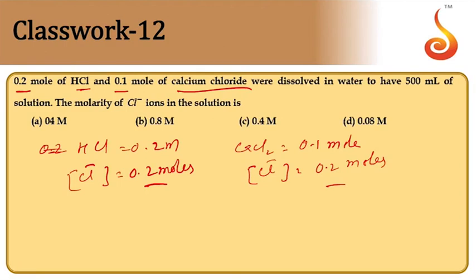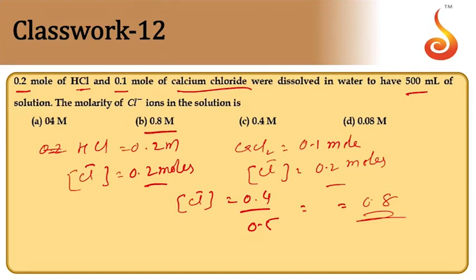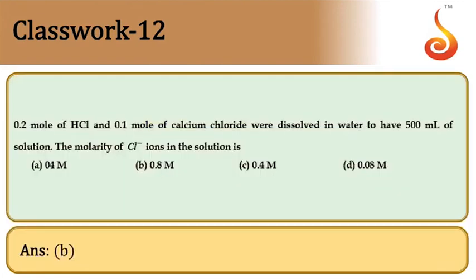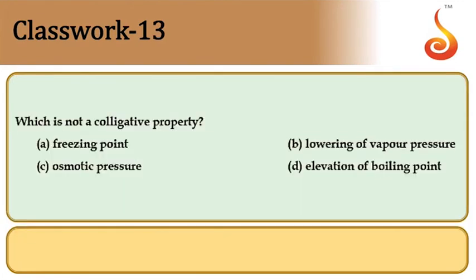Then the volume of solution is 500 ml, that is 0.5 liters. So the concentration we require is 0.4 by 0.5, which is equal to 0.8. So 0.8 molar of Cl minus ions we have, the number of moles of Cl minus divided by the volume of solution. Then the answer is option B.